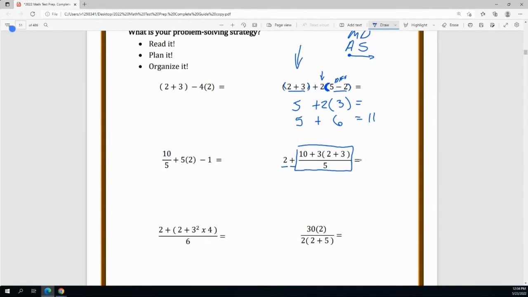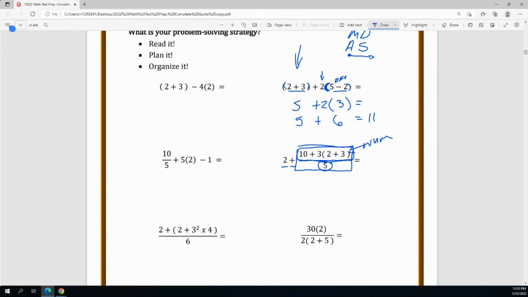Well, you'll notice at the numerator, which is the number on top, this whole thing would be considered the numerator. The numerator consists of a math problem, which is 10 plus 3 times the sum of 2 plus 3. You actually have to get this whole numerator into one number before you can divide it by 5.